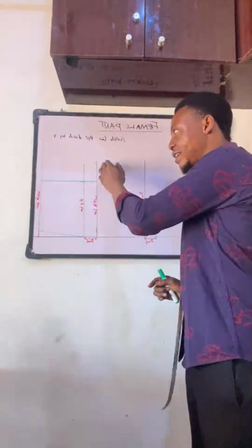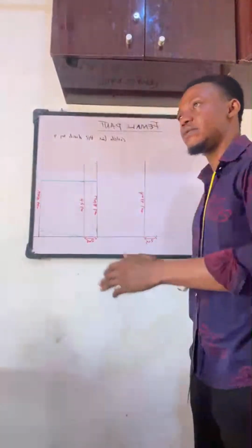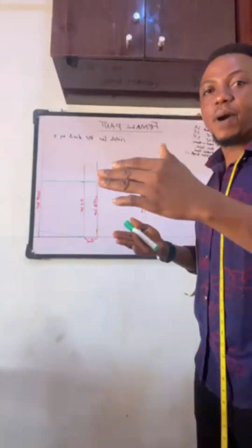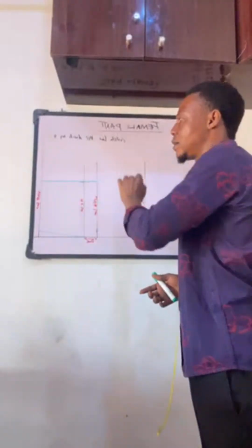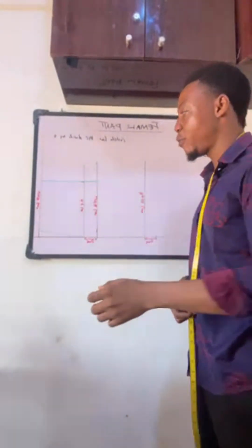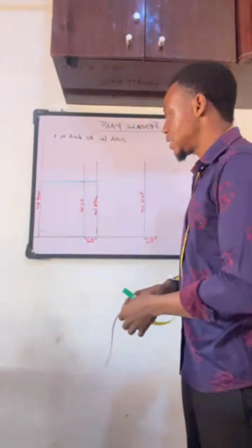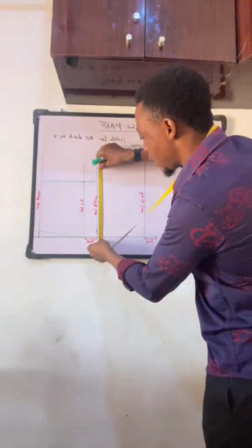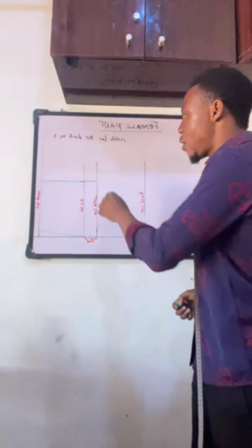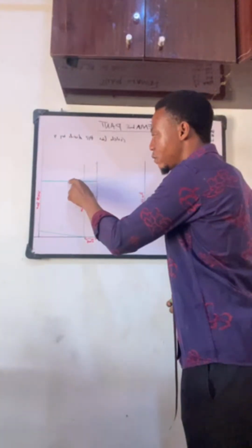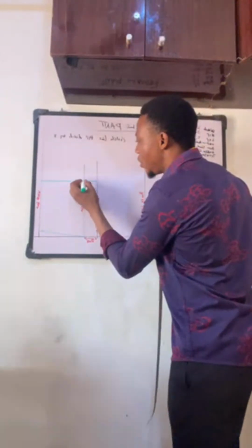Then on the cross line is where you put your lap measurement. The lap measurement is divided by 2. For example, we have 24 here. 24 divided by 2, we have 12. That is why we have this one like this as our lap measurement, right? So now we join with a very nice curve to touch this point.